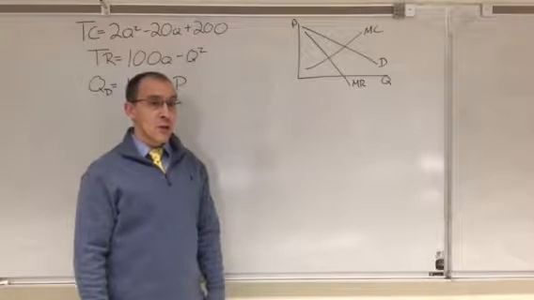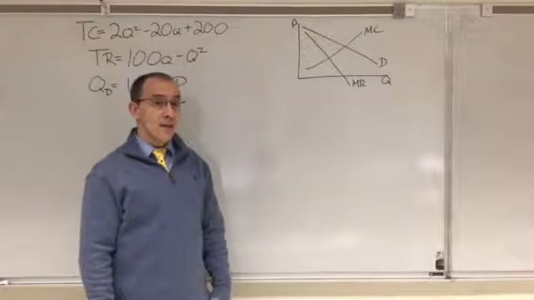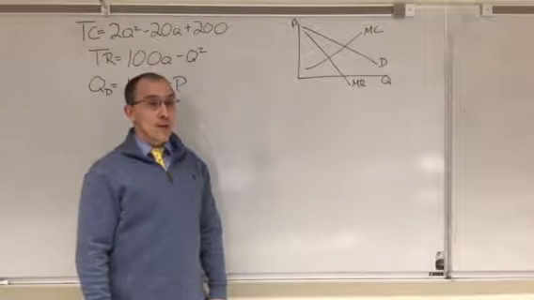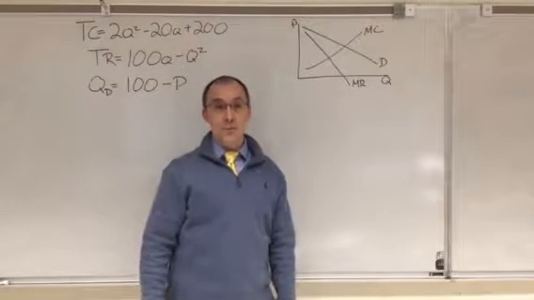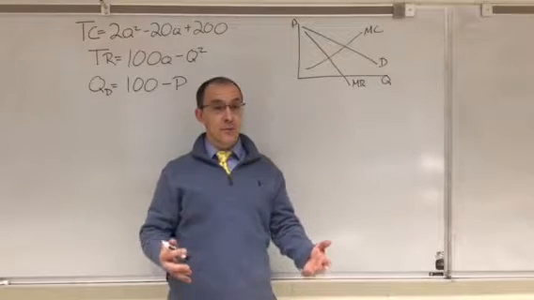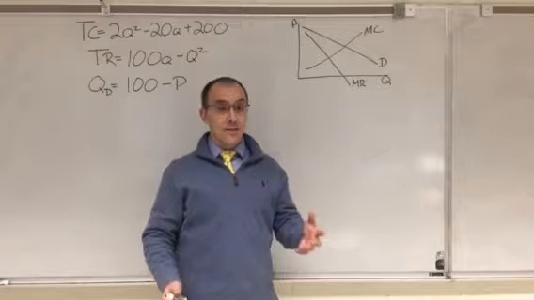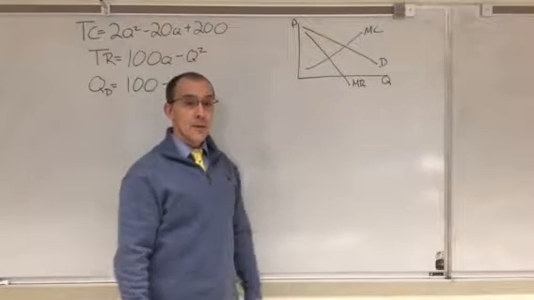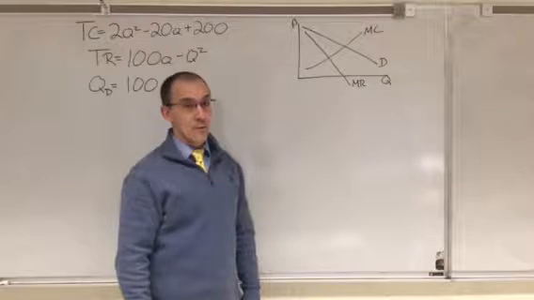Now, what we're talking about here is monopoly. Monopoly is a special type of company in that it is the only company in a market. Whereas in perfect competition, we described a market and a firm and the relationship between them, in this case we only have one graph because in a monopoly, the firm is the market.